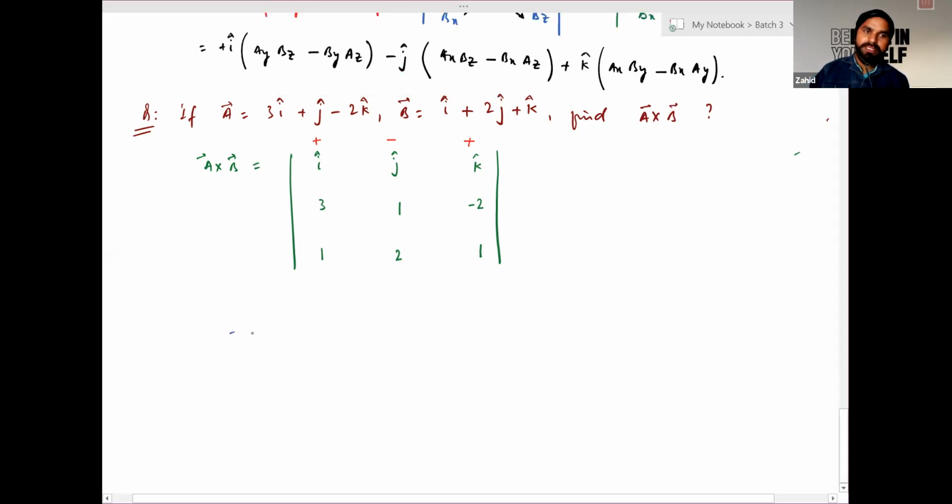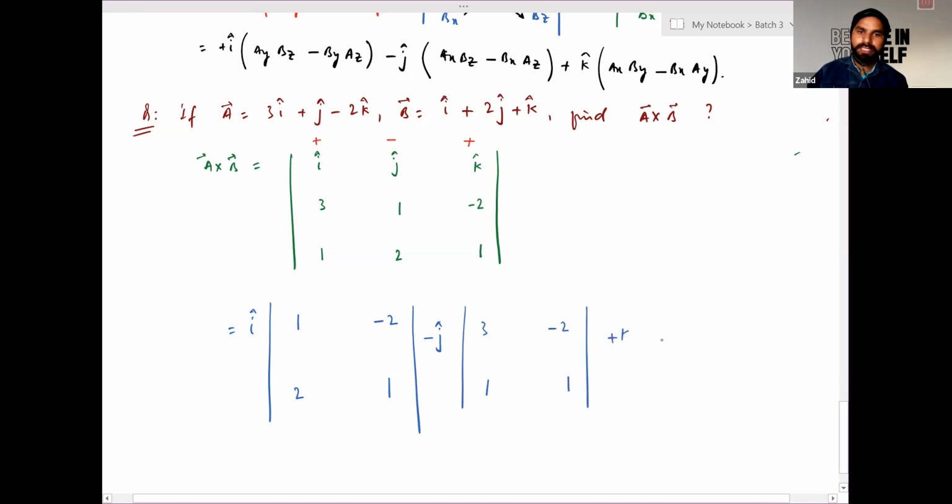So for the first part, for I cap, just remove or place your finger vertically and horizontally. You're left with 1, minus 2, 2, and 1. Similarly, if you put your finger on J, you will be left with 3, minus 2, 1, and 1, plus K cap, you will get 3, 1, 1, and 2.